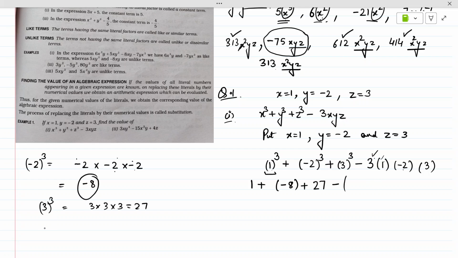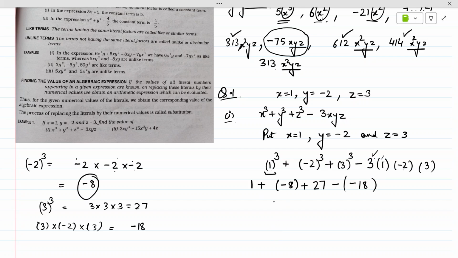So I have multiplied 3 with minus 2 with 3. 3 into 3 is 9, into 2 is 18, plus into minus will become minus, right? So here I am getting minus 18.